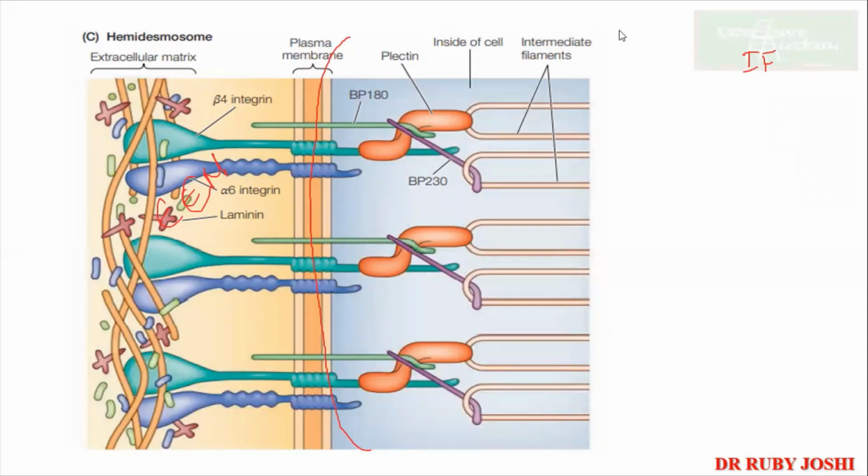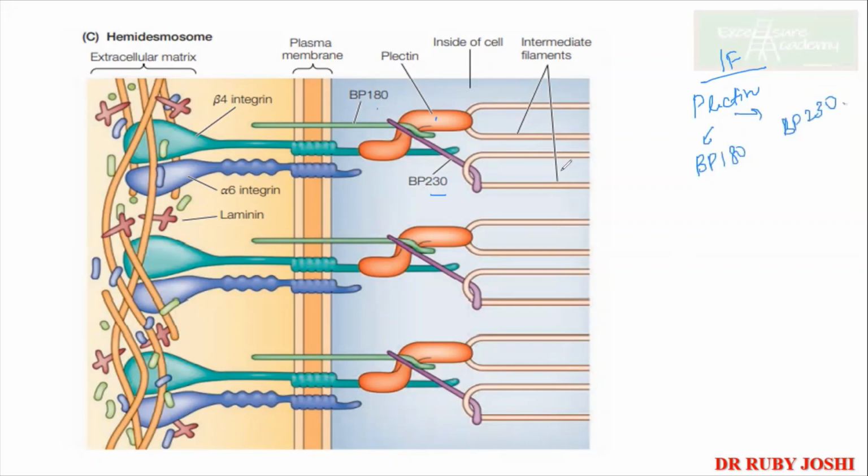Okay, so let's start making this flow chart of ours. So intermediate filaments are there. Then we have got the plectin. We'll come to what plectin is. Now, plectin is in association with your BP180 and BP230.